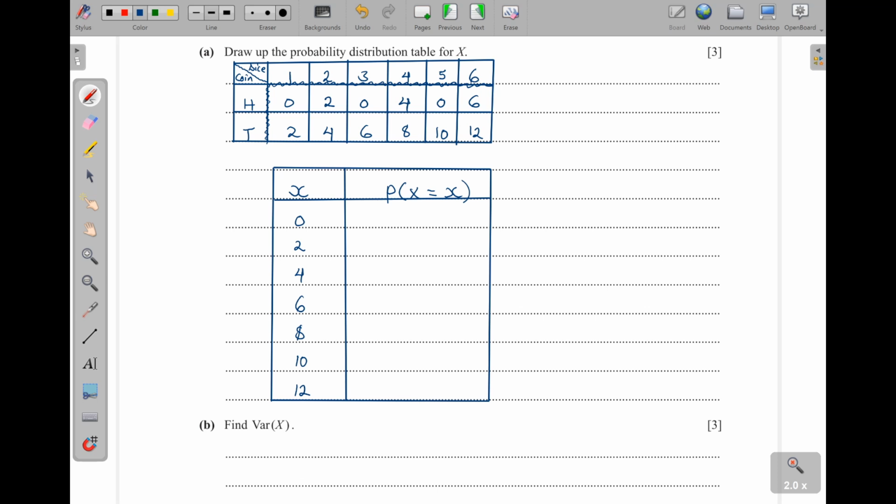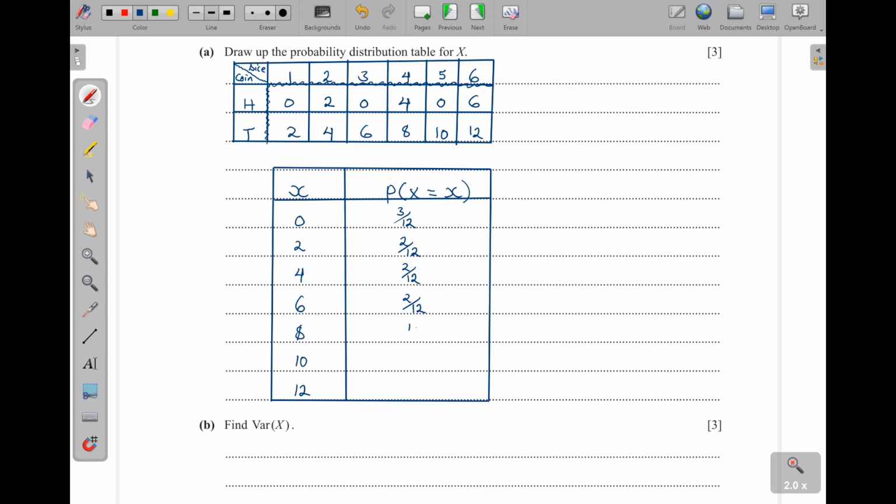So how many zeros do we see? 1, 2, 3. So this one will be 3 out of the 12. And then 2, we can see 2 out of the 12. 4, we can see 2 out of the 12. 6, we can see 2 out of the 12.